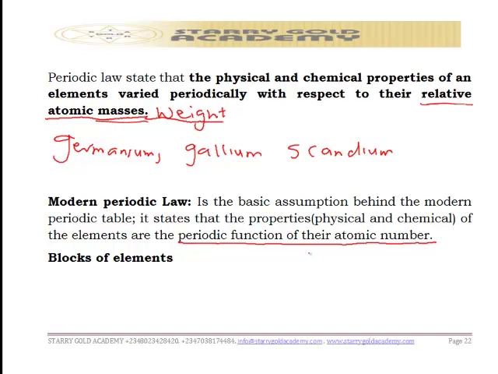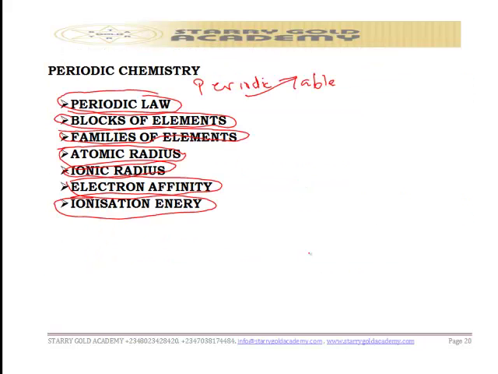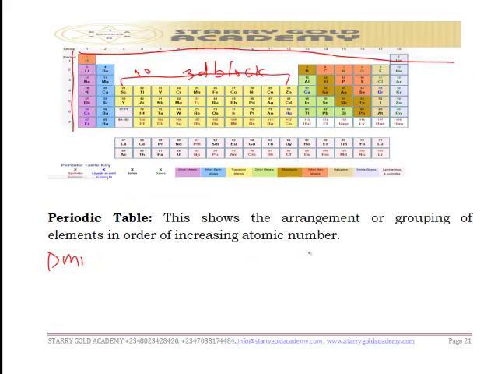Now if you go back to the diagram I have there, the elements on the periodic table are arranged in groups and in periods. Earlier on I showed you the group: from hydrogen down here, the group, and along this side we have the period.